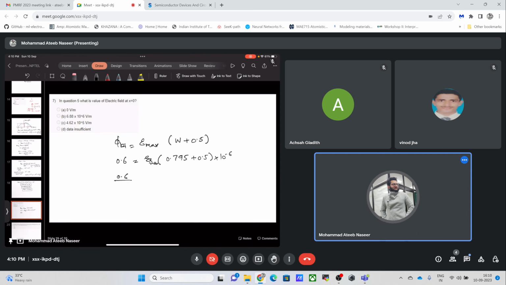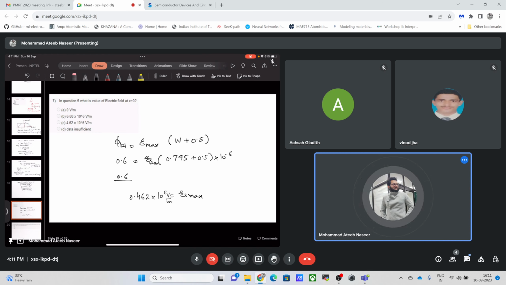So let me add this up. 0.5 plus 0.795 is 1.295. 0.6 divided by 1.295 is approximately equal to 0.462 into 10 raised power of 6, which is the electric field E max, volt per meter.